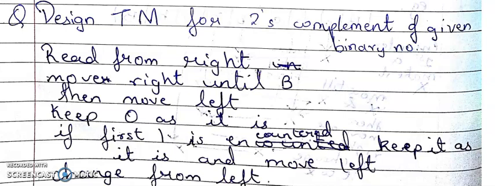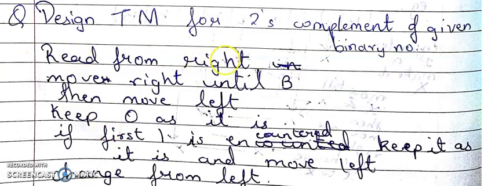Okay, so after that, read from the right, move right until blank, then move left, keep 0 as it is. If first 1 is encountered, keep it as it is and move left, and then change 0 to 1, 1 to 0. I think you remember this.